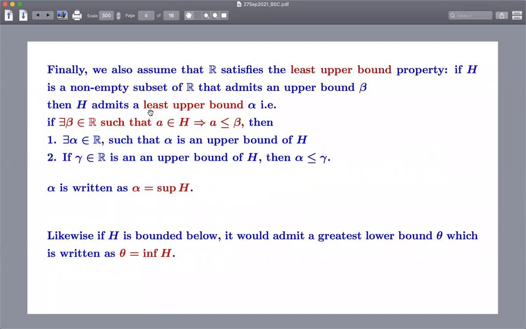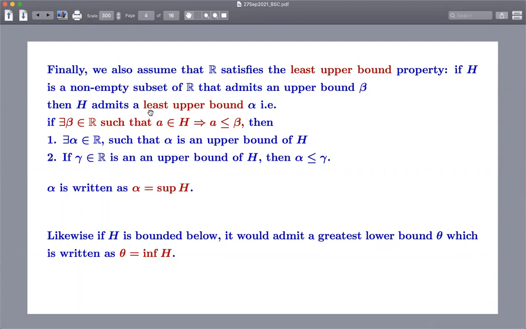Now, R has the least upper bound property, and we use supremum and infimum to call the least upper bound and greatest lower bound. So supremum of a set is the least upper bound, infimum of a set is the greatest lower bound. We kind of used this earlier, but we didn't really know that supremums and infimums exist.